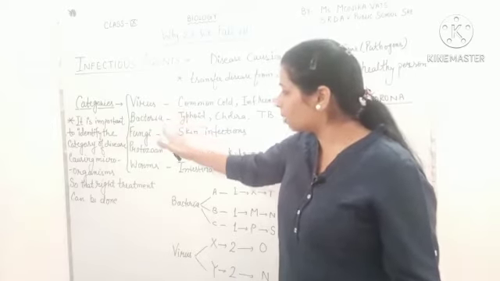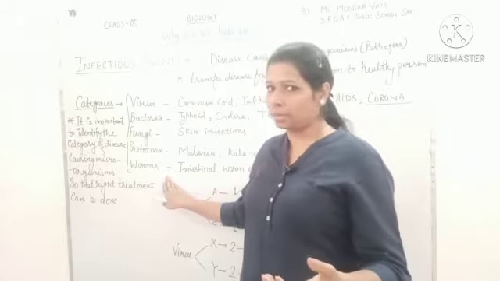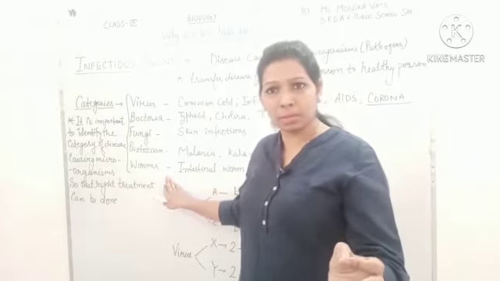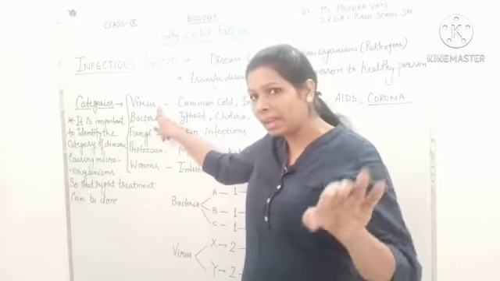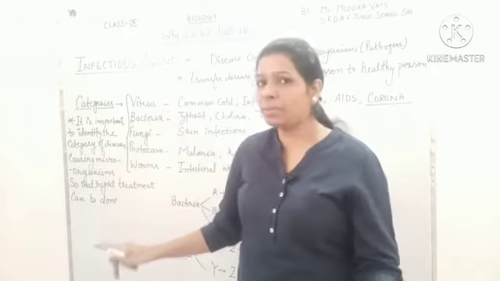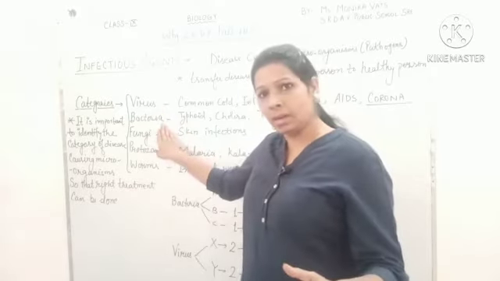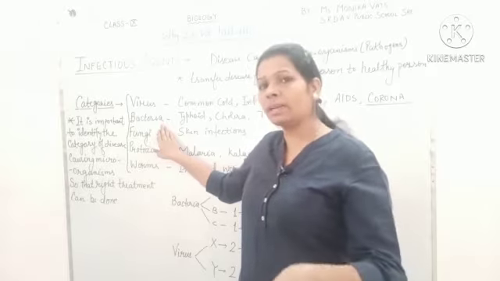So every organism contains a different biochemical pathway. And no doubt, listen carefully, different viruses can have some common biochemical pathway because they belong to the same family. Many bacteria can have a common biochemical pathway because they belong to the bacteria family.